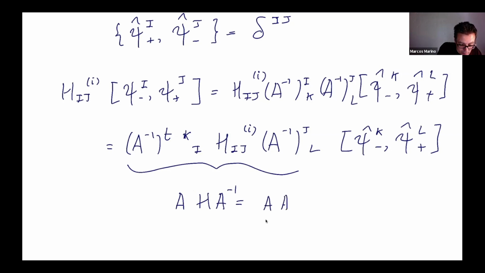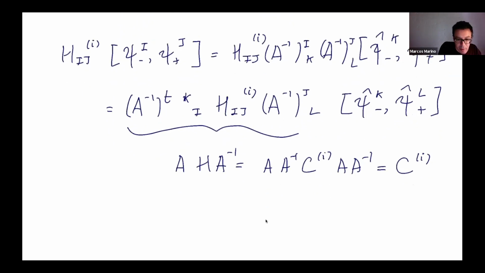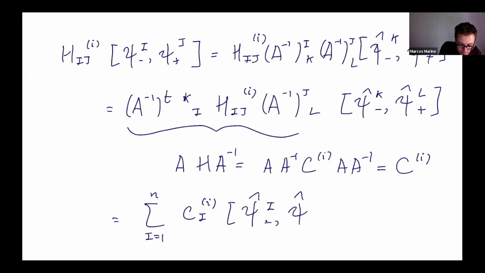And remember that this was A minus 1 C, or C upstairs. So C is diagonal. So the whole thing here gives me just the sum over i from 1 to n of c_i times psi hat i minus psi hat i plus. Okay. So this is how you diagonalize the fermionic part.